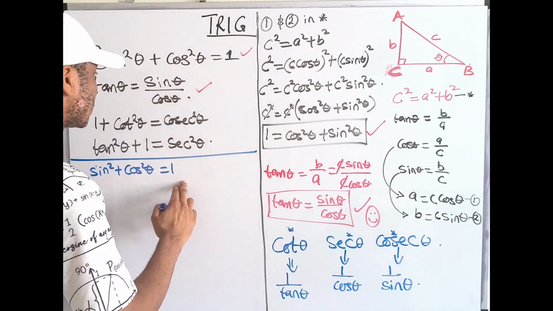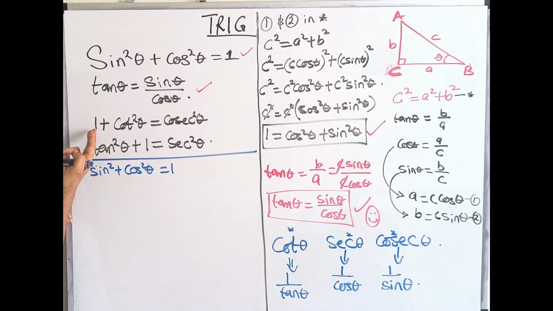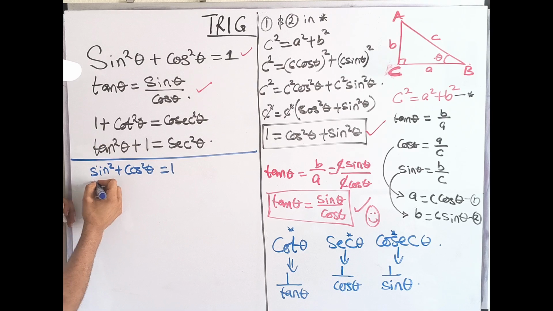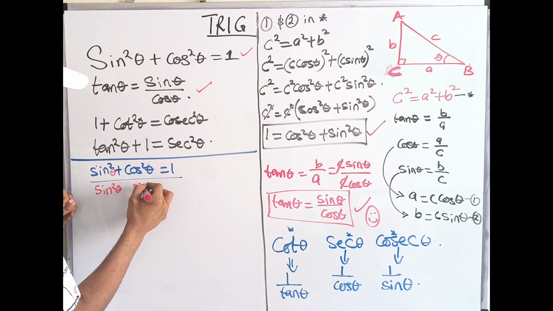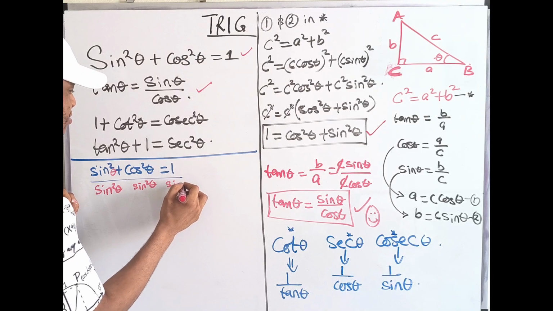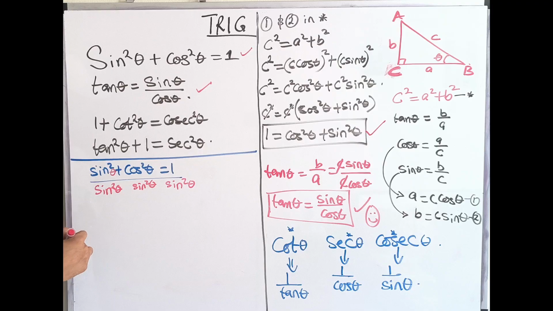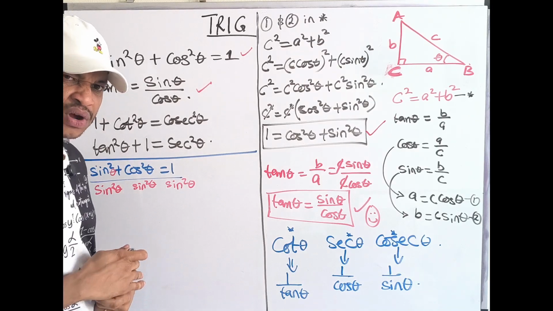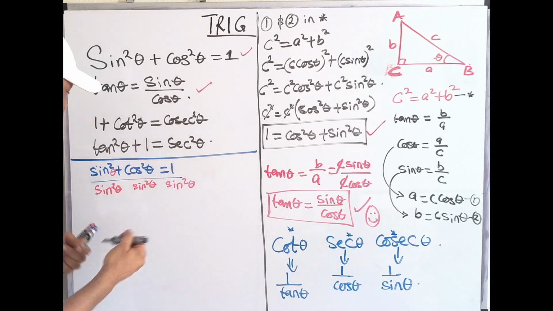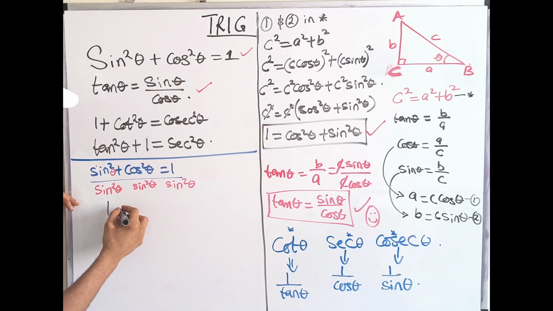All right, so from here, we want to get this. You look at 1. What will I do to this equation to get 1? I'll divide everything by sine squared theta. Making sense? I'm not doing anything wrong, I'm just dividing both sides. So this over this will be 1.